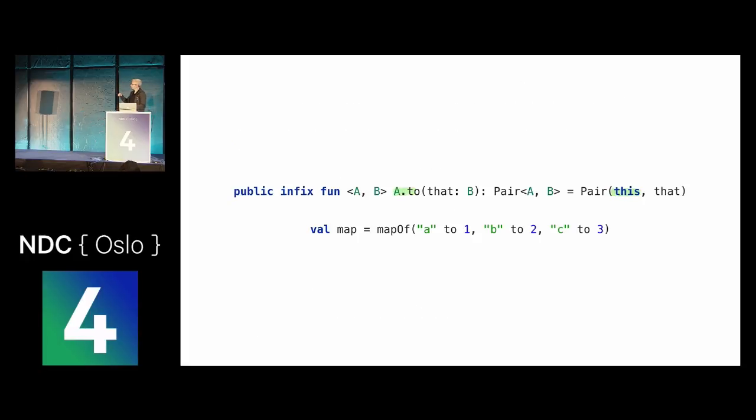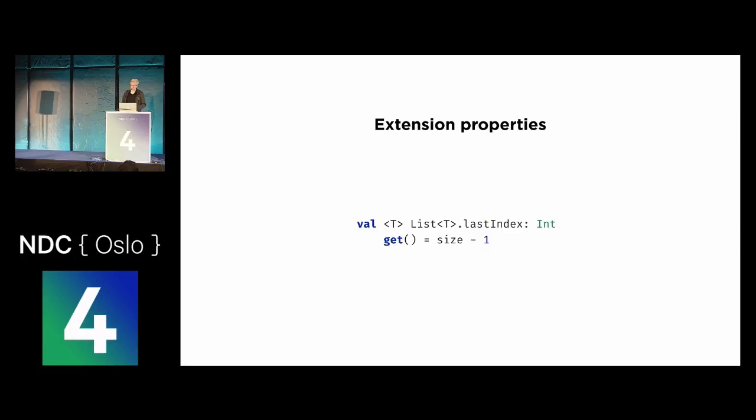So if we now look back at our infix method, this makes more sense. We've got a.to. We're saying this is an extension method on the generic type a, so it pretty much applies to anything. And then the this keyword is now being used as part of the creation of the pair. And because of the syntax declaration we have whereby the type we are extending is part of the method name rather than a parameter, we can actually use this for extension properties as well.